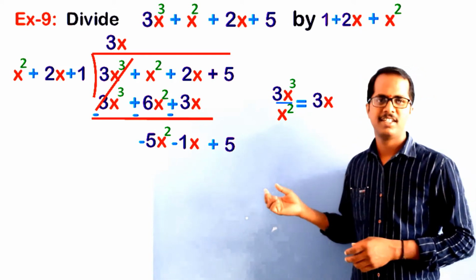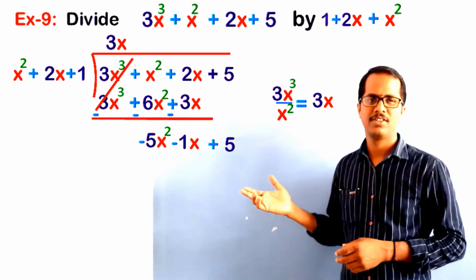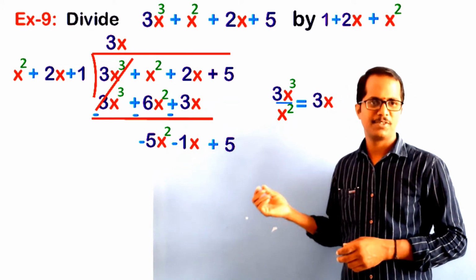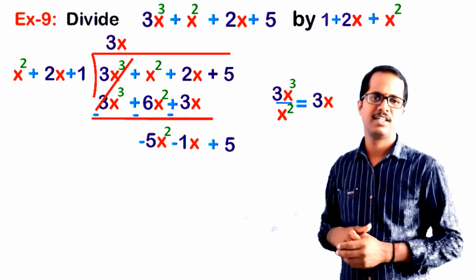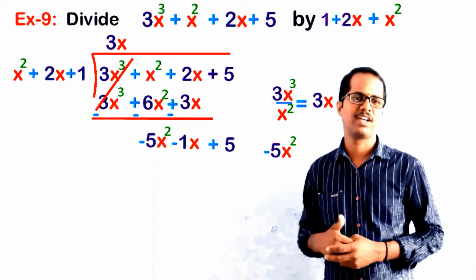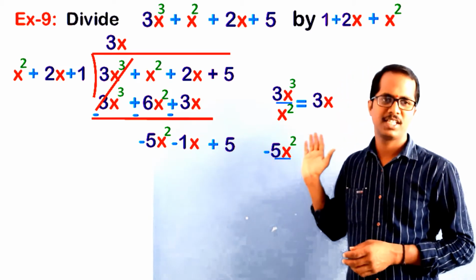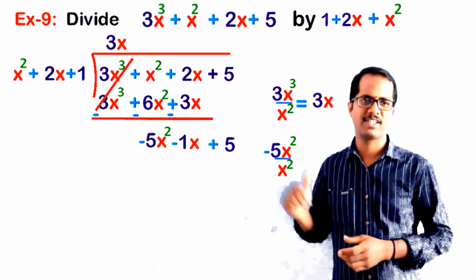So for that, let us find out the second term of the quotient. To get the second term of the quotient, we need to divide the first term of this dividend with the first term of the divisor. And here what is the first term we have? That is minus 5x square. And by dividing with the first term of the divisor, that is x square, we get minus 5 as the quotient.